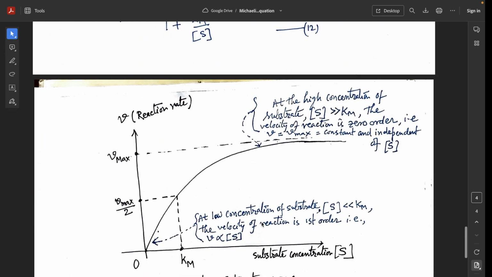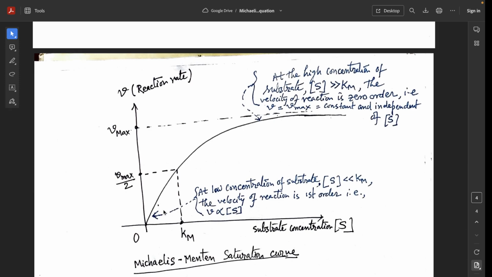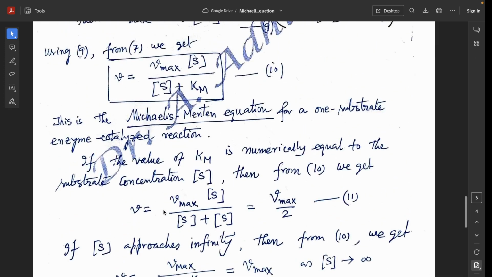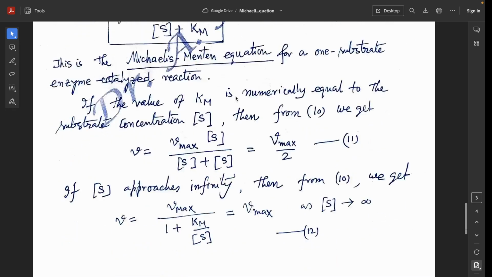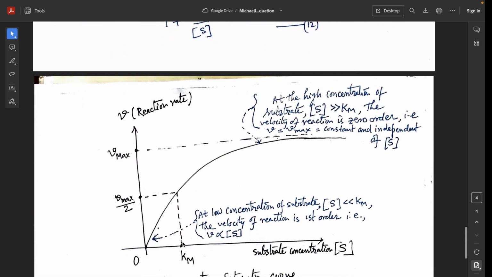And from this figure, the graph for equation 10, we get this Km, and Vmax is the constant at high concentration of the substrate S. Vmax by 2 is this, so Km is this.